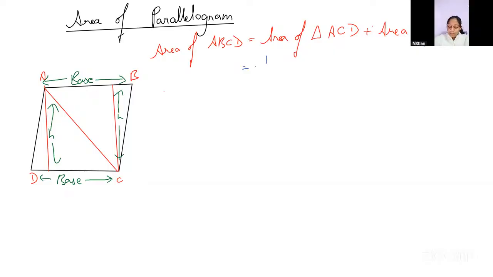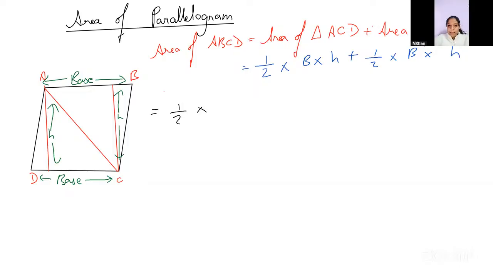Formula of triangle: half into base into height plus half into base into height. Now put the values, 1 by 2 multiplied by base.